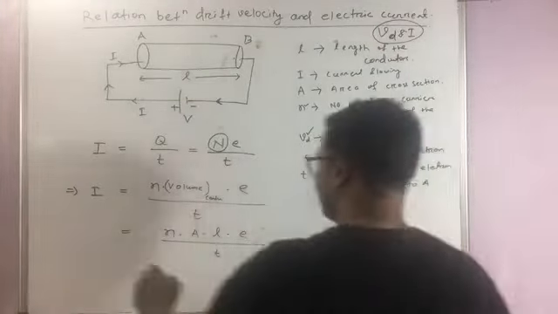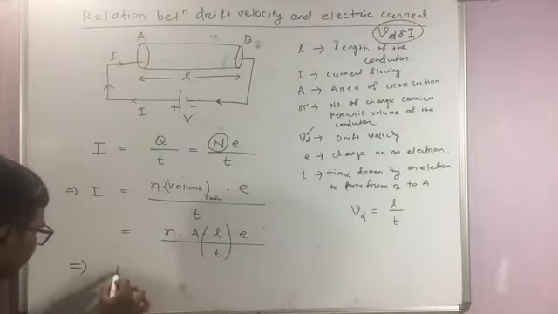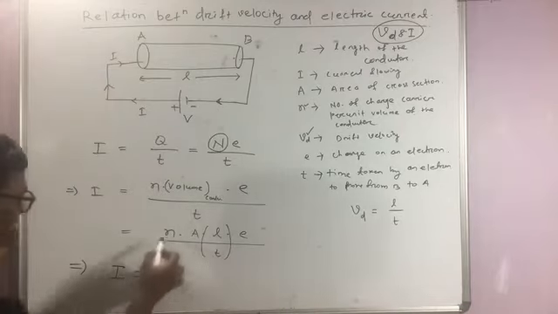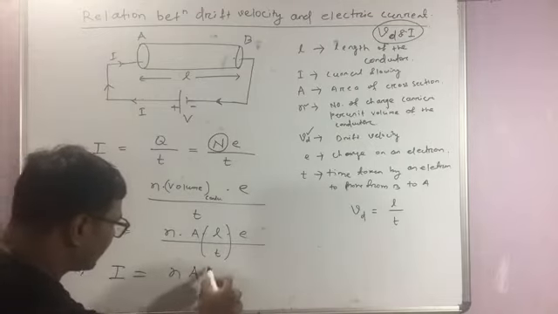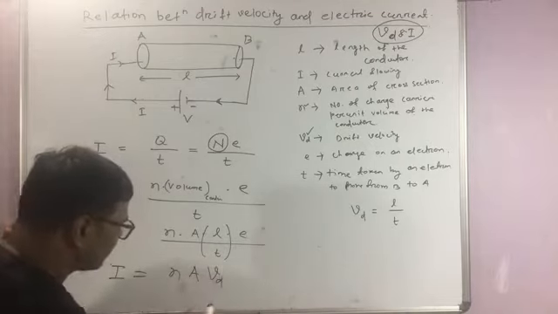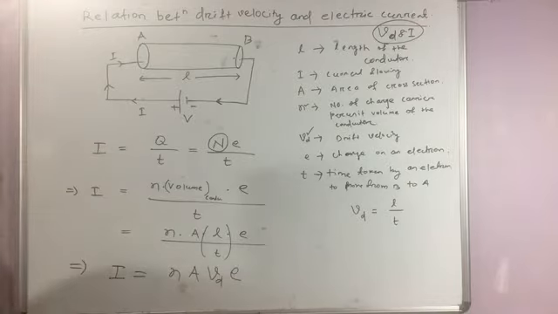Now you see the L by t term is here. So instead of this L by t we can write Vd, which implies I is equal to n A, this L by t term will be Vd, into e.